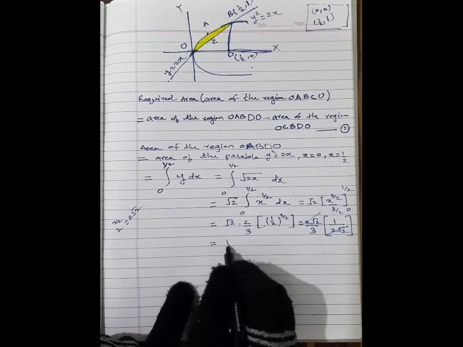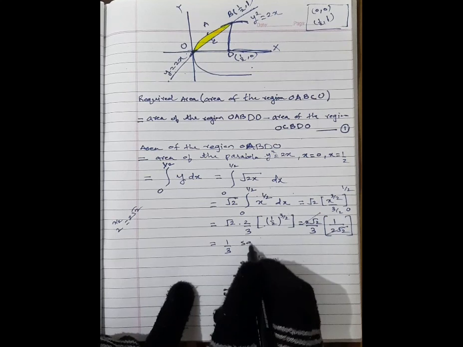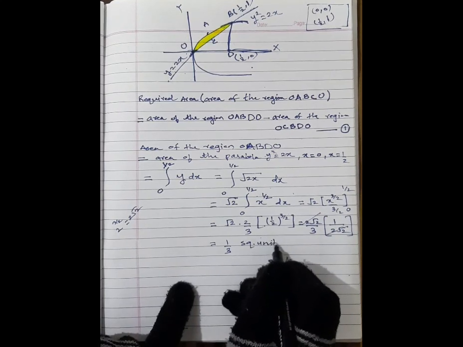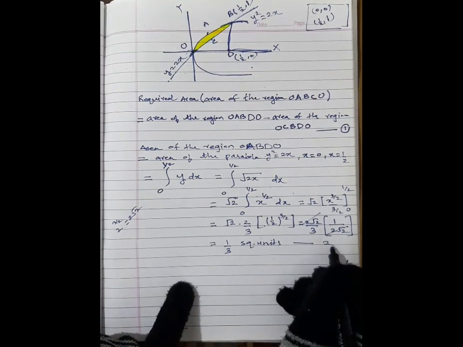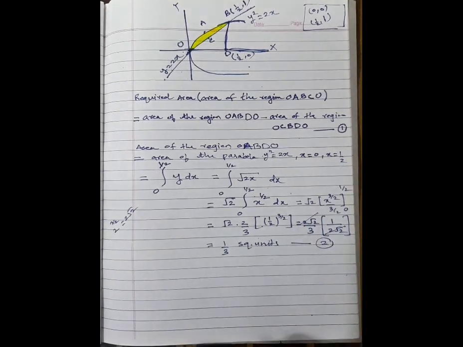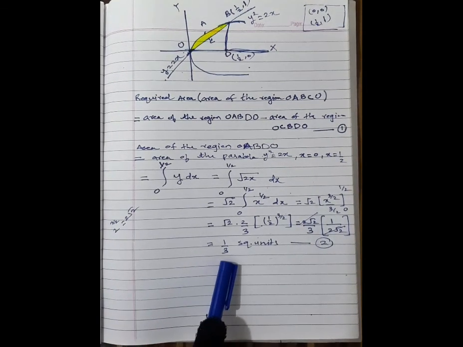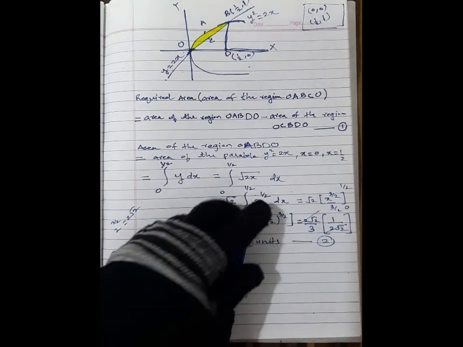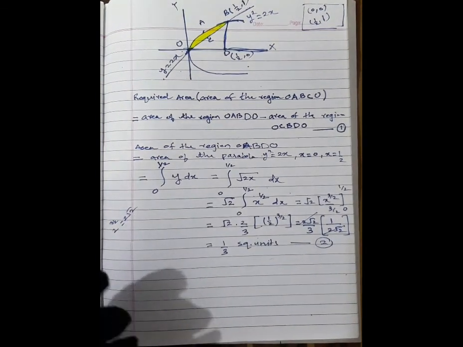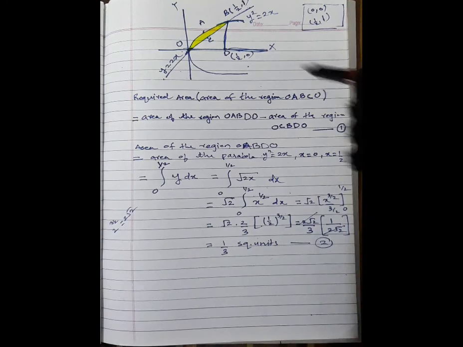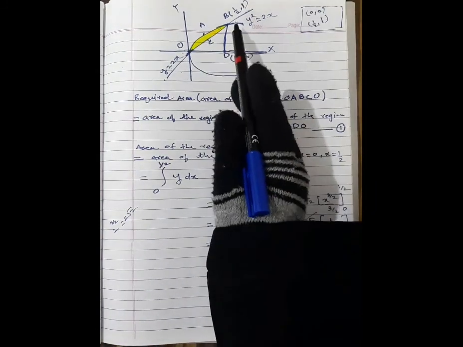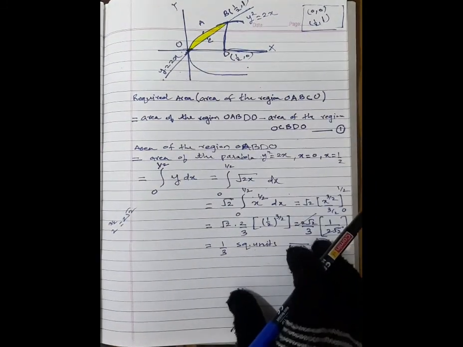Remaining is only 1 upon 3. 1 upon 3 square units. So this is marked as 2. Getting what this is? This is area of the region OABDO. One area is coming.